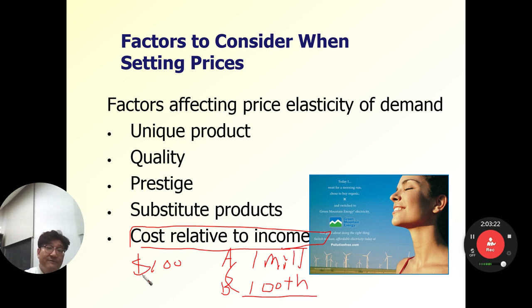Instead of saying $100, what if we say it's a 10-payment plan, say 10 payments of $9.99? Then it's going to be close to $100, but compare that: it is $100, or you say it is 10 payments of $9.99.